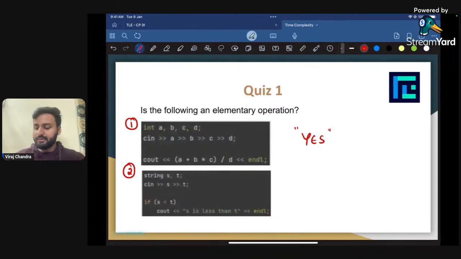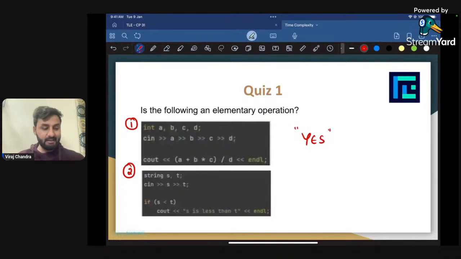What about example number two? You take input of two strings and then you compare. Is s less than t? If it is, then you print out. So do you think this is an elementary operation? How many of you guys think yes? I mean, we are doing a relational check, right?